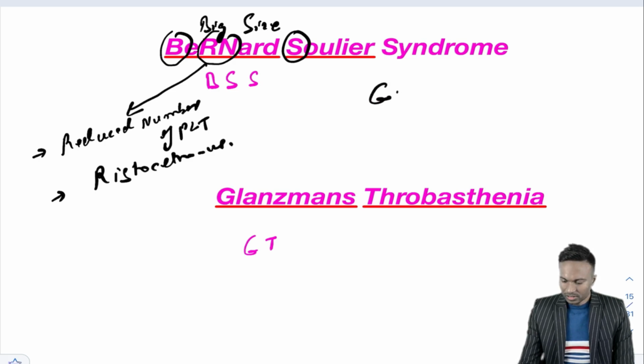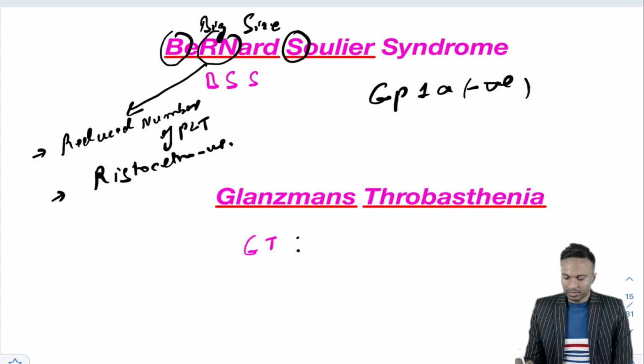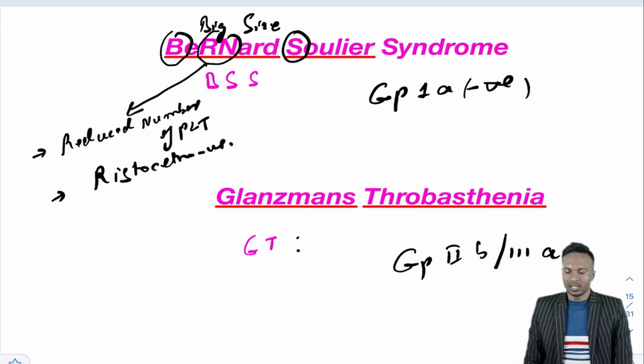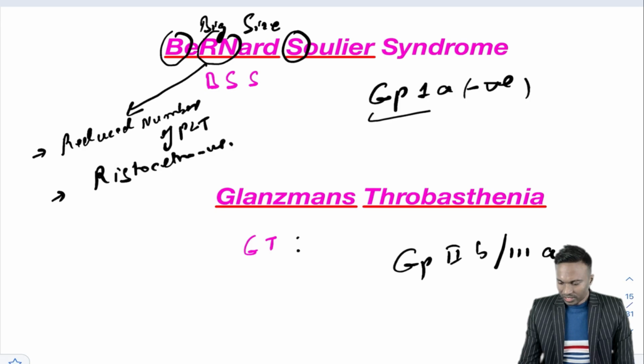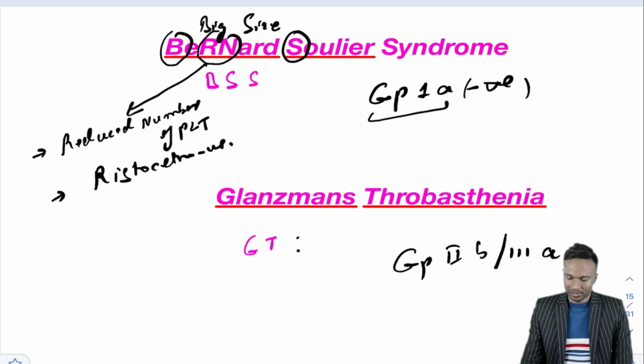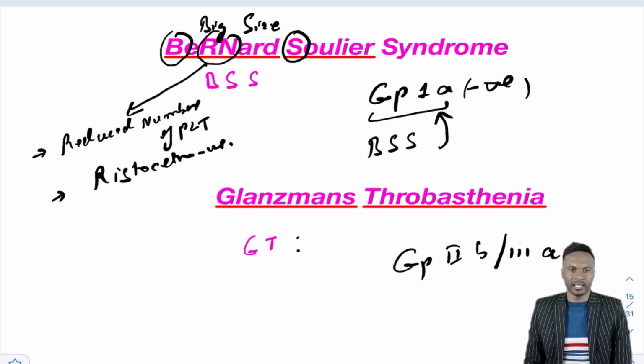Glycoprotein 1B is missing, whereas in Glanzmann's thrombasthenia, glycoprotein 2B 3A is deficient. So how will you remember these things? Glycoprotein 1B, Bernard-Soulier syndrome. Take alphabetically. Bernard-Soulier, B comes first.